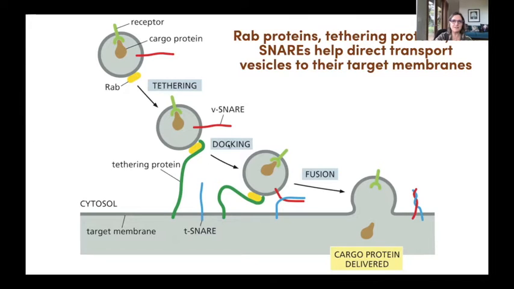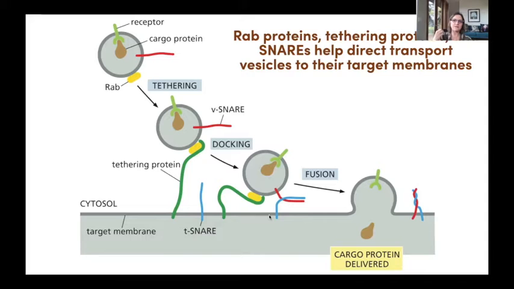And then these t-SNAREs and v-SNAREs, so target SNAREs and vesicle SNAREs, form pairwise interactions that also add some specificity to this docking process. They facilitate the close apposition of vesicles to the membranes that they're going to fuse with.